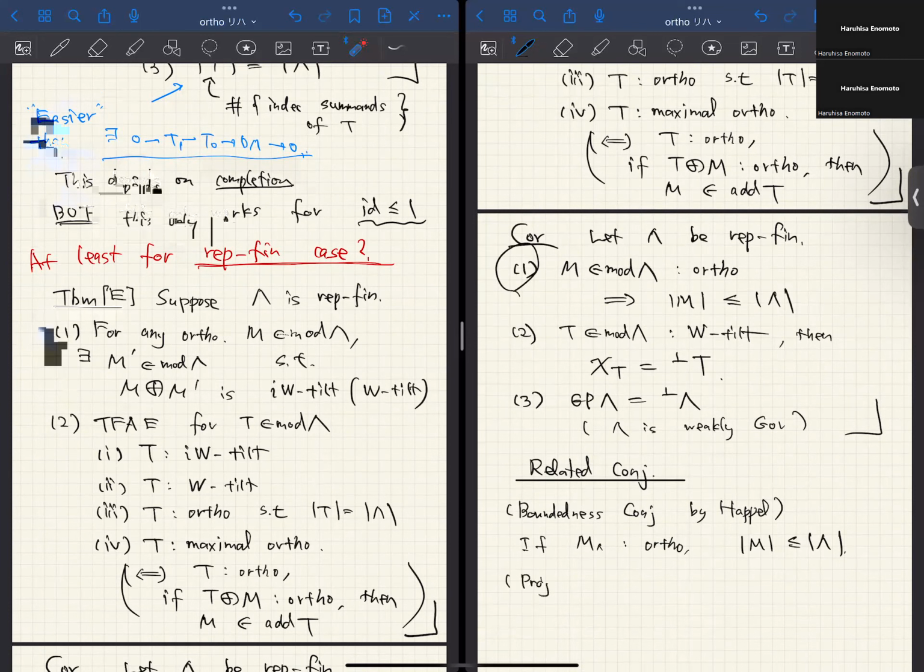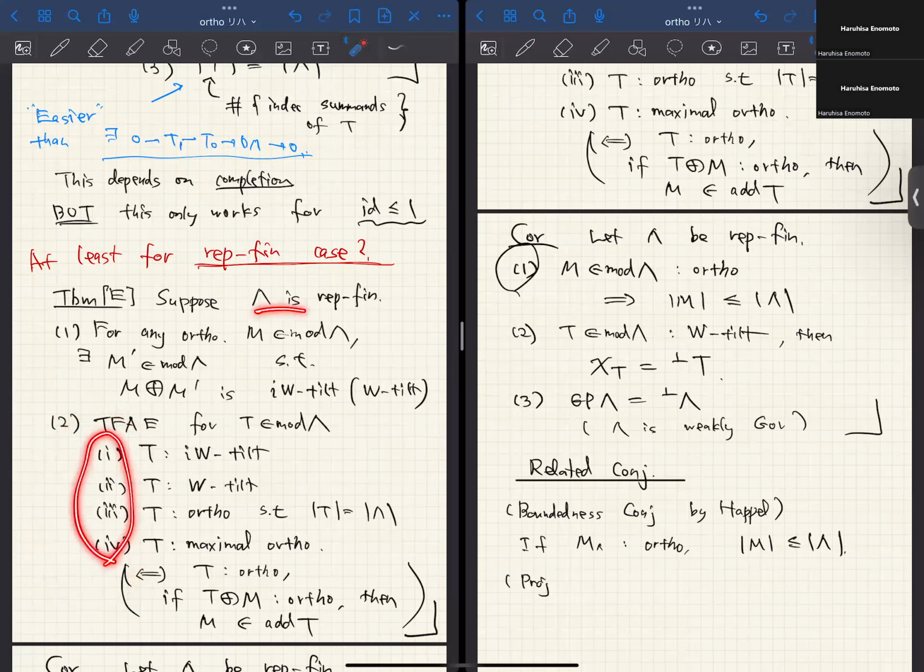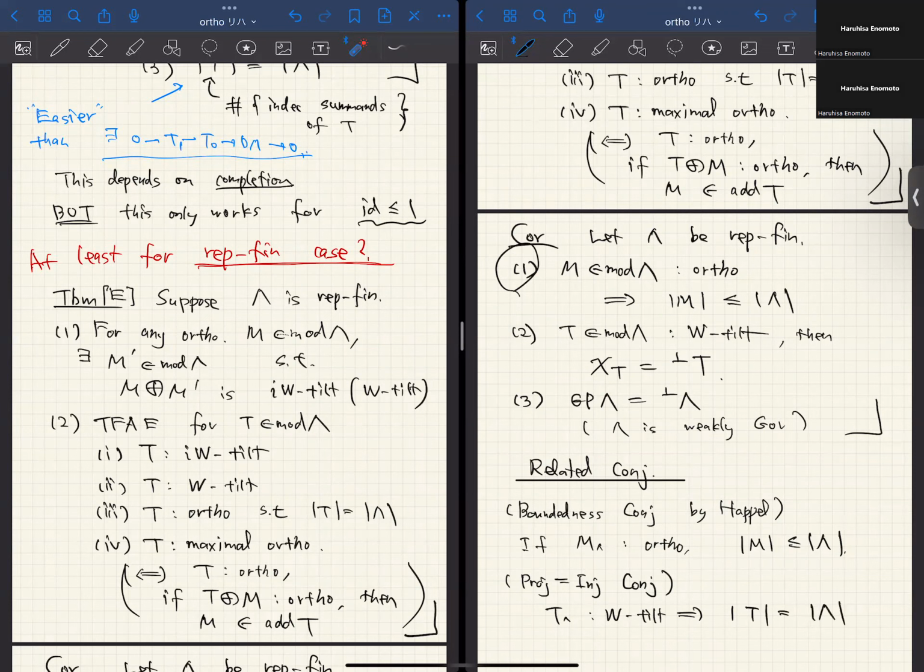The second is about, so I have to remark that some of the conditions are not equivalent for the representation infinite case. But some should hold, I conjecture. One of them is the Proj equal Inj conjecture. This name comes from the fact that a Wakamatsu module is a universal injective cogenerator. So if a lambda module T is Wakamatsu, then the number of indecomposable summands should coincide with the rank of the algebra.